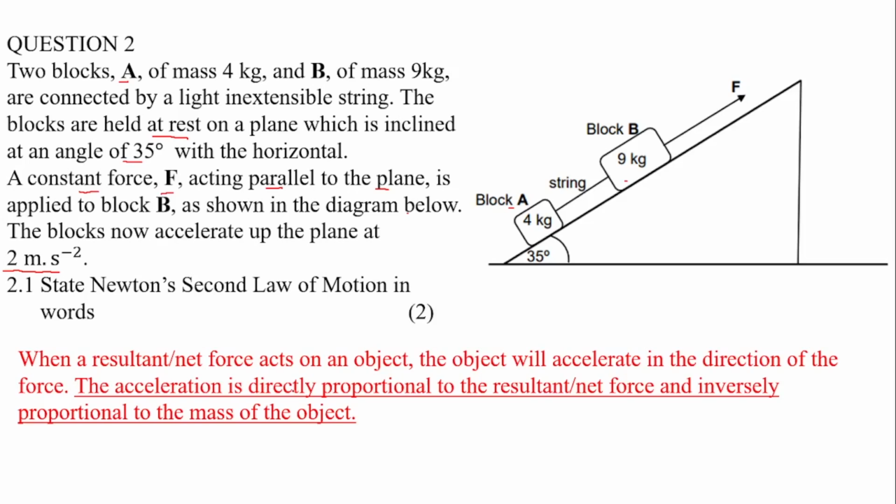Or you can say the acceleration is directly proportional to the net force and inversely proportional to the mass of the object. That's the definition there, and then you get your 2 marks.